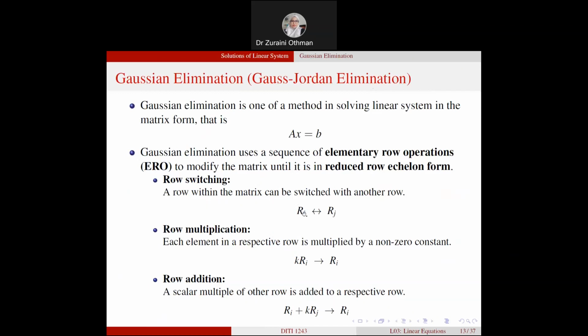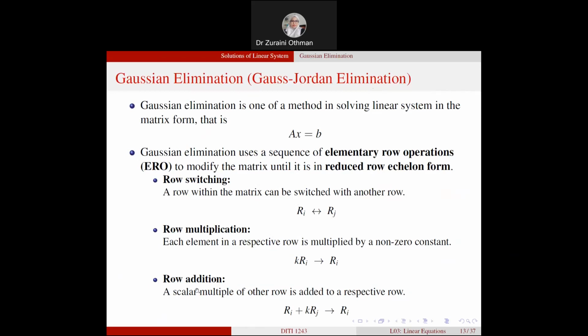It involves switching rows. We switch row 1, for example, with row 2, then the rows will change. Then row multiplication, where we multiply the row by a number, or another one is row addition. We add a multiple of a row to get the value that we want.